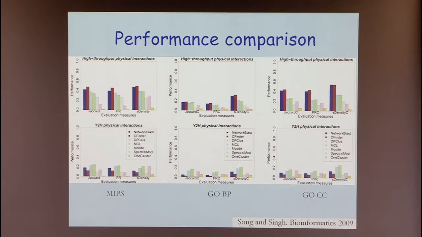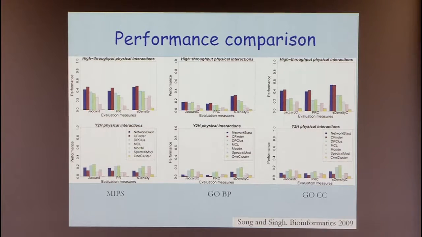And you can see that the different algorithms have the same trend over each type of data set. So for example, for the high throughput physical interactions, you can see that the best algorithms are Network BLAST and CFinder. For the Y2H studies, the best algorithm seems to be MCL.